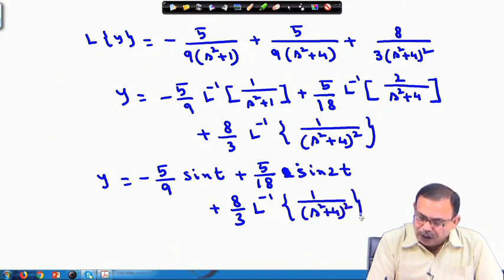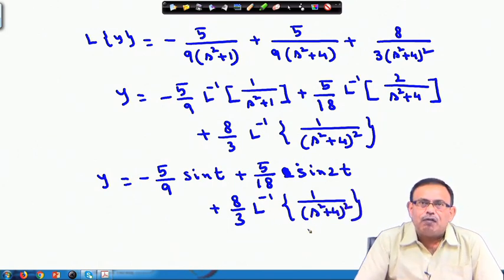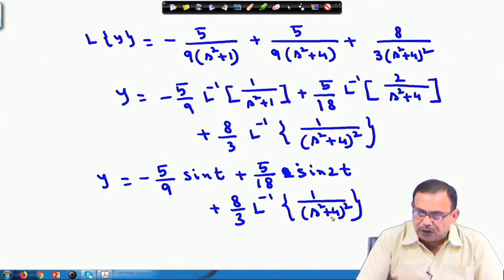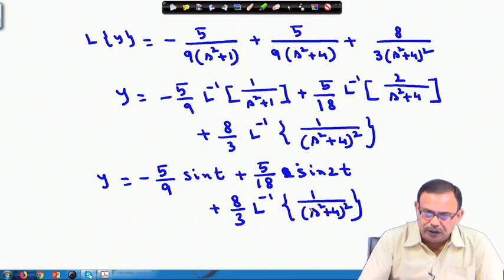Now I have to find the Laplace inverse of this, which I cannot tell directly. But I think we have solved this type of problem earlier. I hope using convolution we can find the solution very easily.